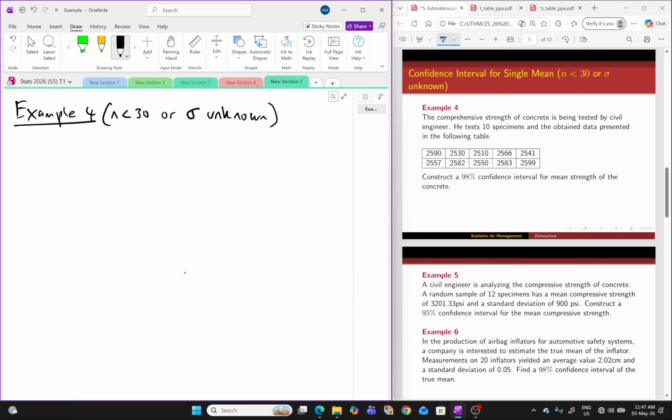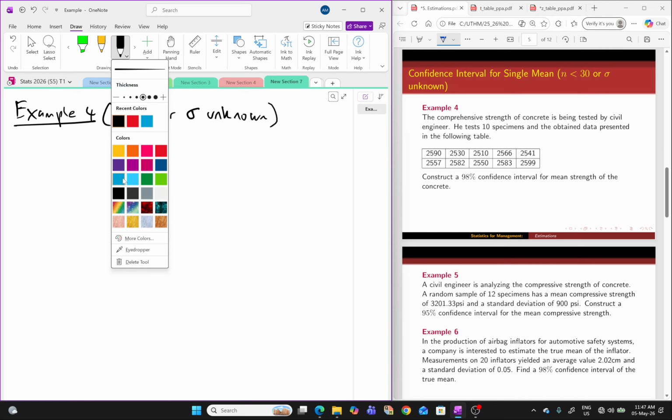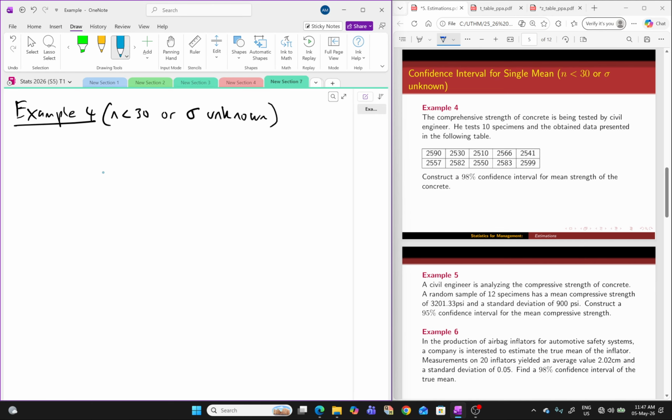Now in this case, we won't use Z table. We will use T table.